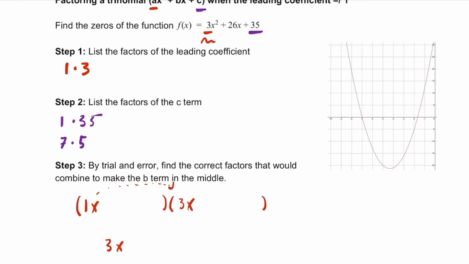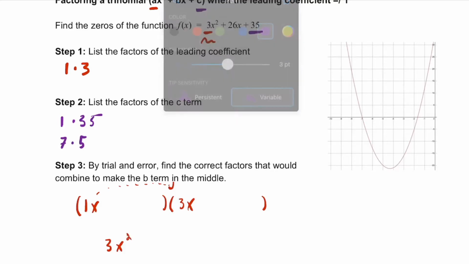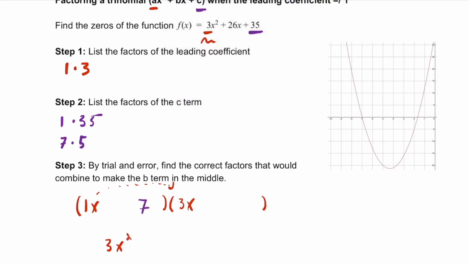I'm going to leave that 3x squared there. We could have a 7 here and a 5 here, or we could have a 5 here and a 7 there. So you have to run through and see what all of these possibilities are going to work out to be. Okay? So let's take a look at this.